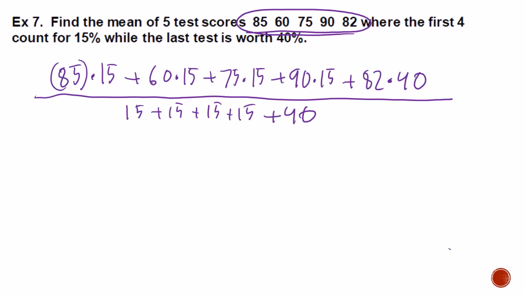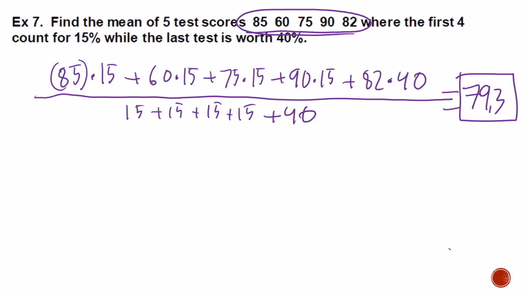Generally speaking, you plug that in your calculator, and that will give you the weighted average, which is 79.3. Now, the weights don't matter if you scale them, as long as you scale consistently.